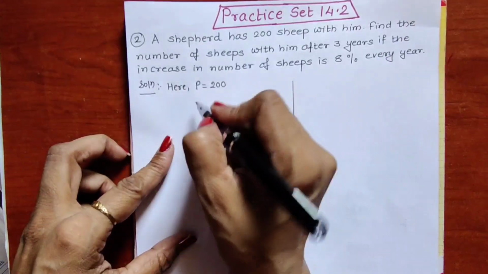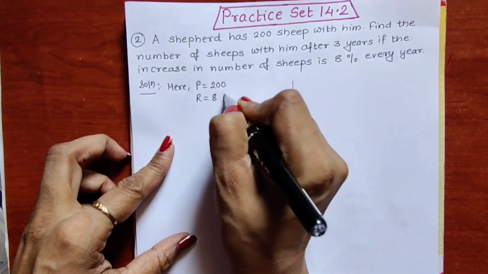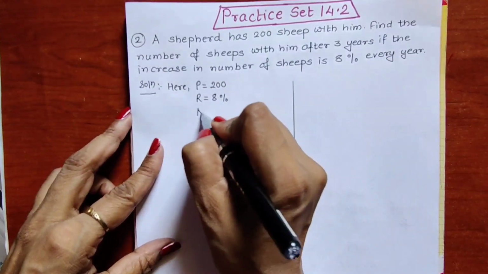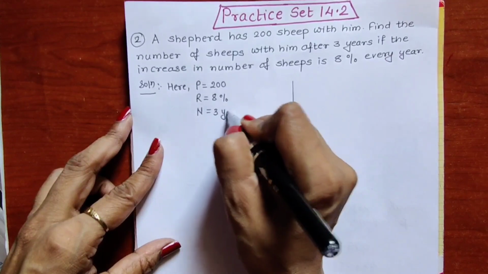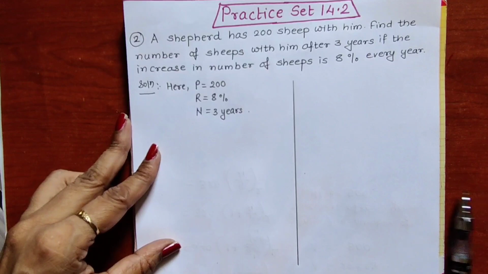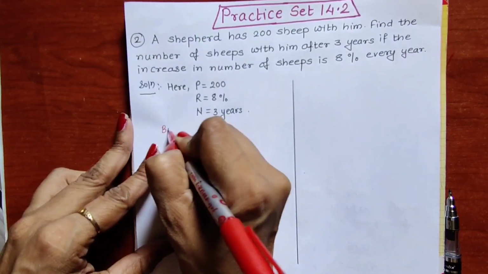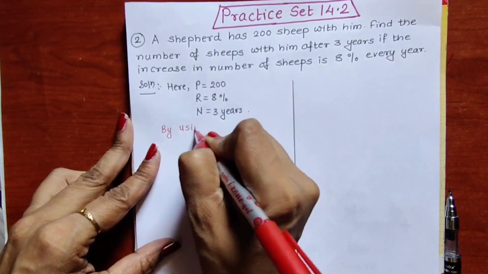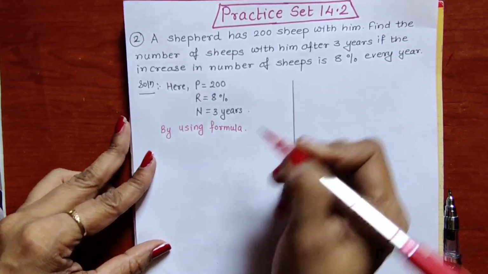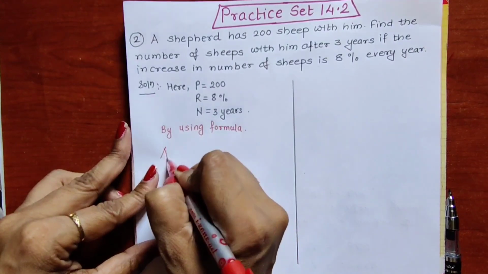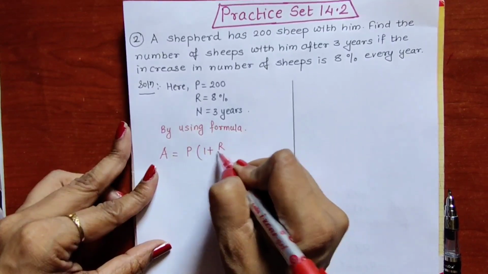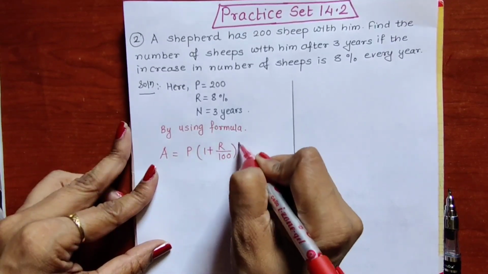Then R is 8%, rate of increase is 8%, and the number of years, after 3 years, that means N is equal to 3 years. Now we will be using the formula. By using formula you can write, or you can directly write the formula. It is up to you. So I will be using formula. A is equal to P into 1 plus R upon 100 raised to N.